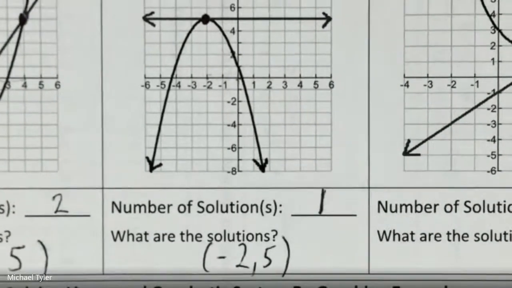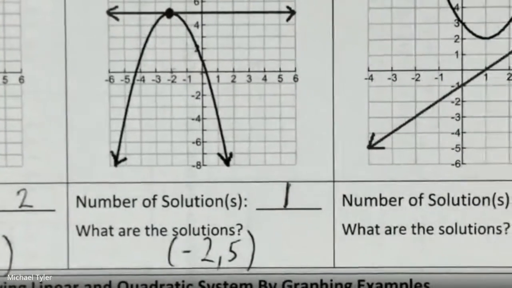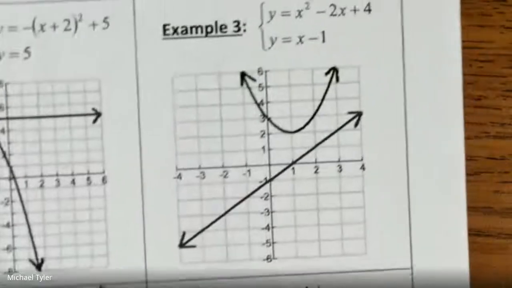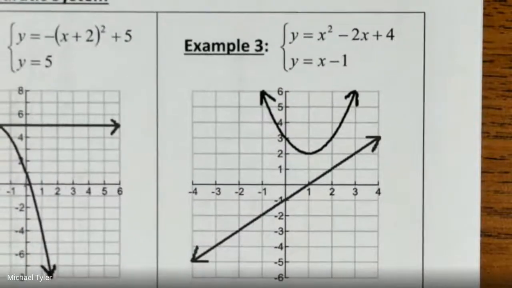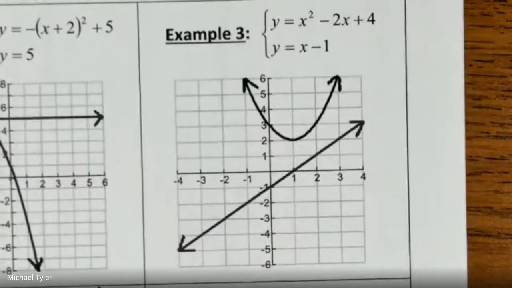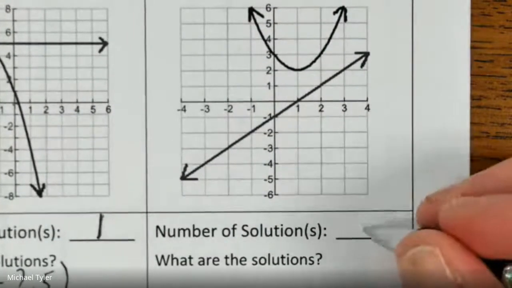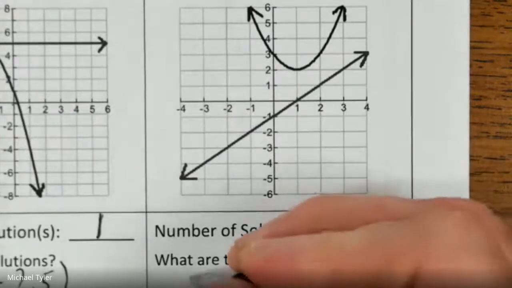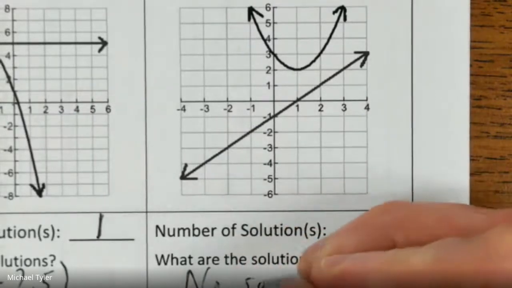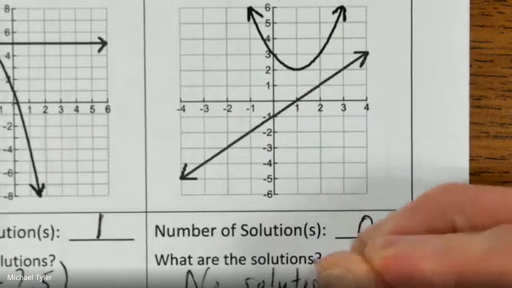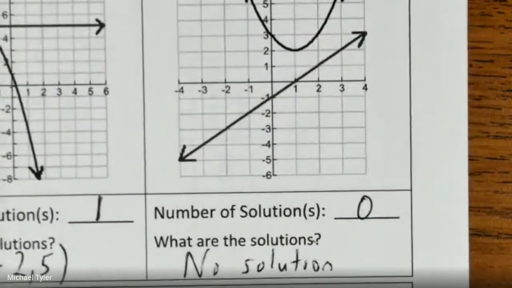Now, the last one here. How many solutions do you have? Well, do they cross each other? Nope. So no solutions, 0 solutions. That's it. So that's all we do on that.